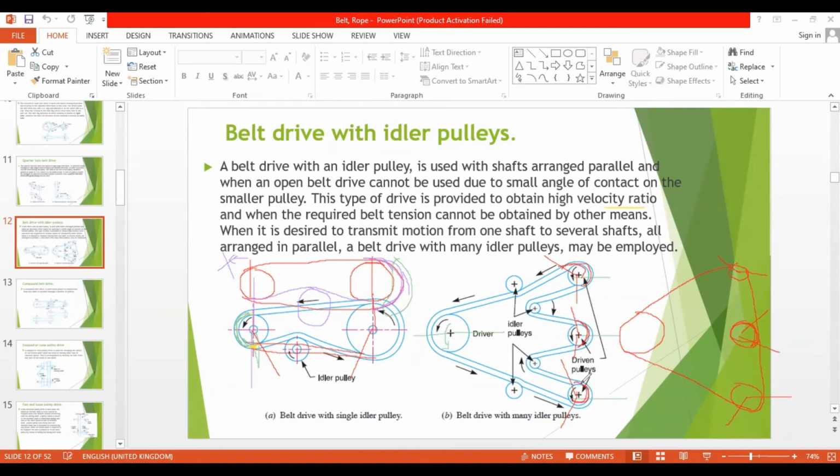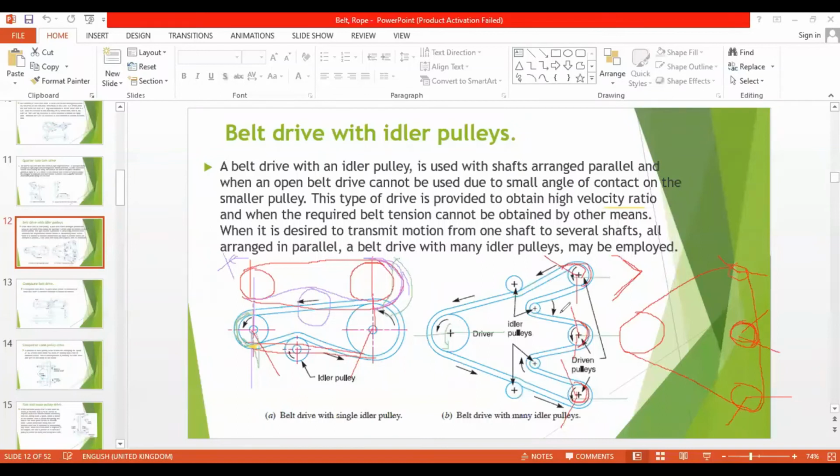So here, if you compare these two diagrams, the angle of contact of these pulleys and the angle of contact of these pulleys, the angle of contact is very much higher in this set of pulleys than in the other.